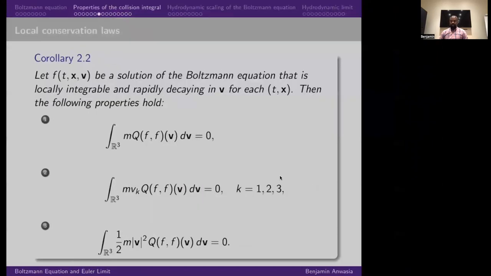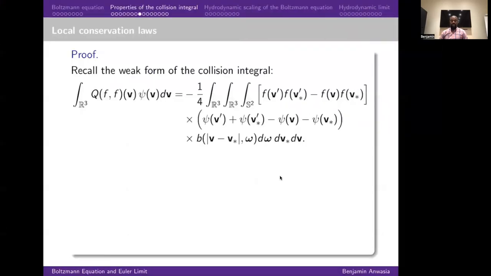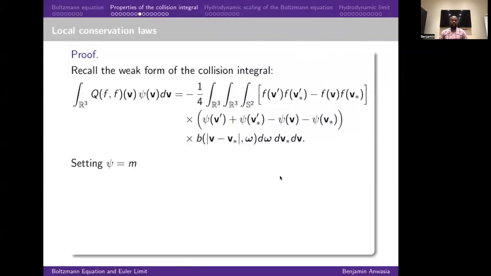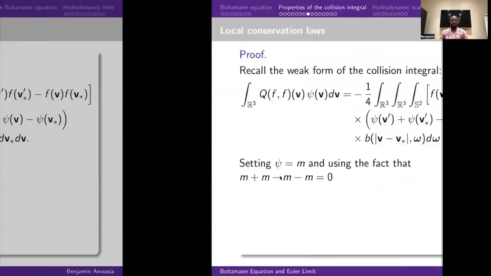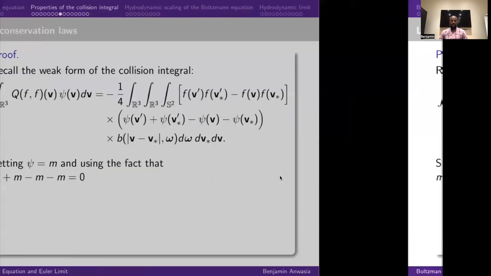Proof. Now recall the weak form of the collision integral, which is given below for convenience. Now, by setting psi to be equal to the molecular mass in the weak form of the collision integral, and using the fact that m plus m minus m minus m is equal to 0, gives property 1.